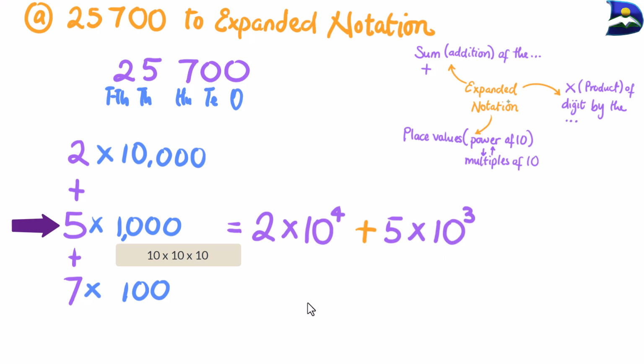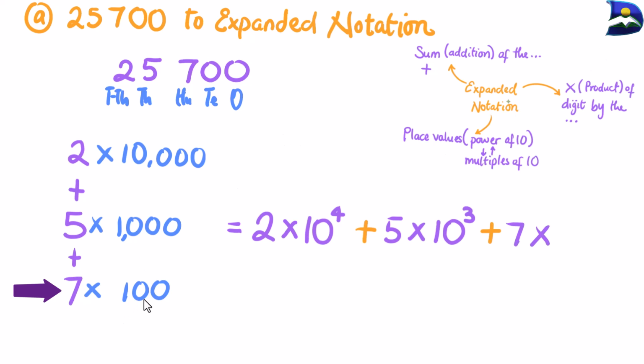And so our final step, which is the 7, is we're going to introduce our plus sign, and then we're going to write down 7, and finally multiply by what? 100.